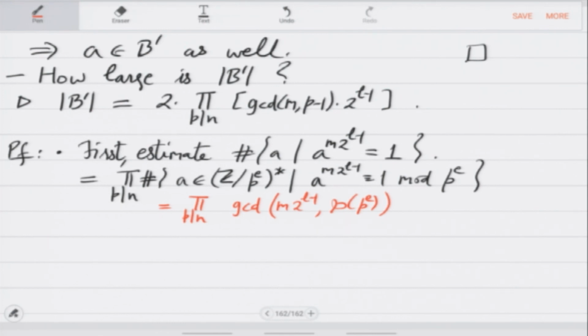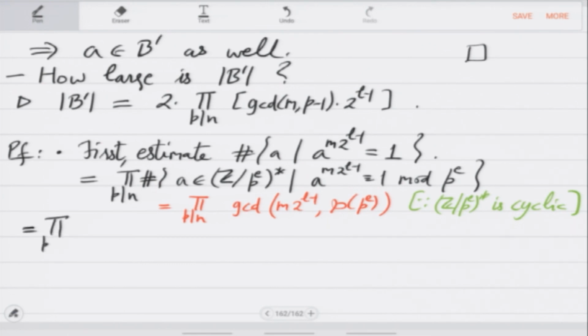And you will get it by taking the GCD with M2 raised to L minus 1. Okay, you can show this as an exercise, since this is cyclic. So that is why this is a very precise estimate, which we can further simplify.